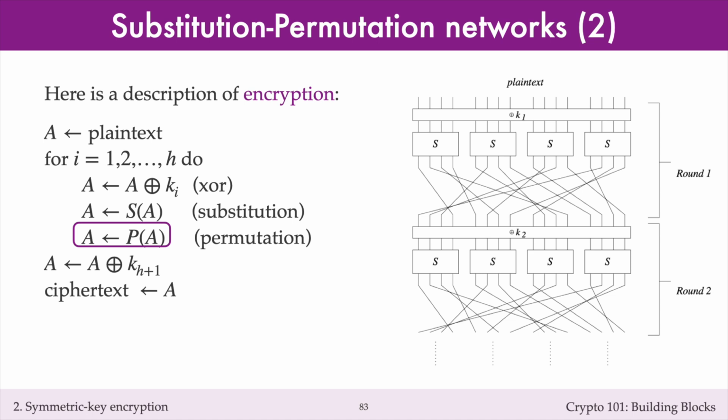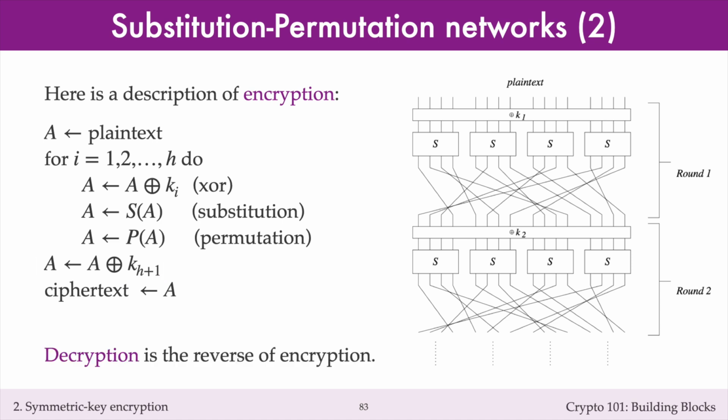Then, the bits of A are permuted according to the permutation P. Finally, the last subkey is added to A to give the resulting ciphertext. Decryption is just the reverse of encryption. Note that all the operations are invertible, and so someone who knows a secret key can recover plaintext from ciphertext.